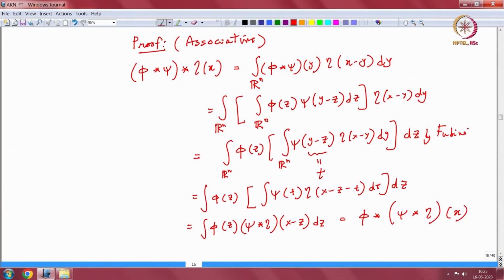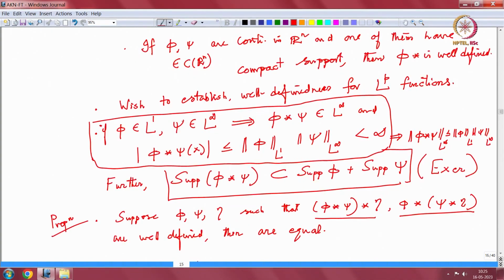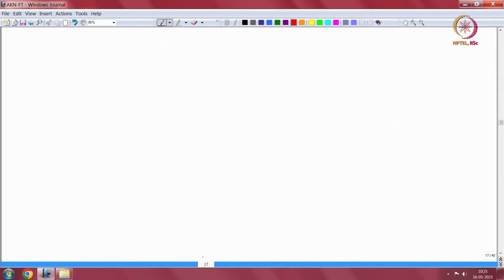Okay. So, now we will go to the next theorem. The previous theorem we proved for L1 and L infinity; now we are going to prove it for the general case. This I will try to give the proof, but there are some more general theorems which I will only write.